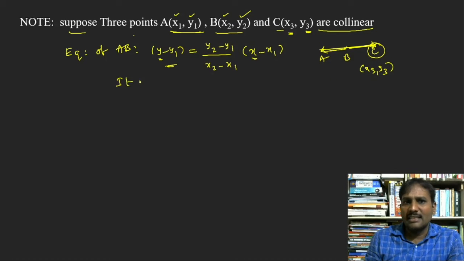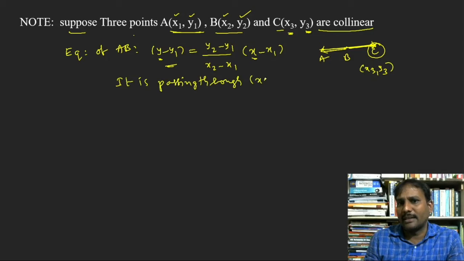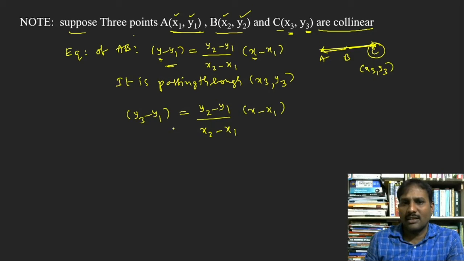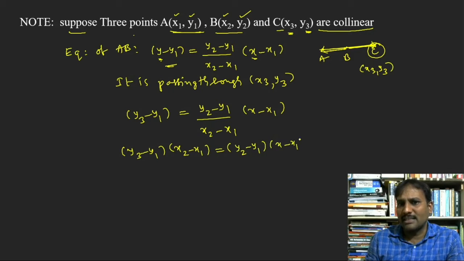Therefore, in place of y you can write y3 minus y1 is equal to y2 minus y1 by x2 minus x1 into x3 minus x1. Let us simplify this. y3 minus y1 into x2 minus x1 is equal to y2 minus y1 into x3 minus x1.